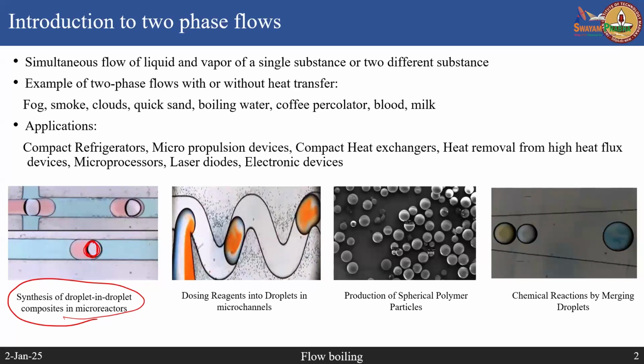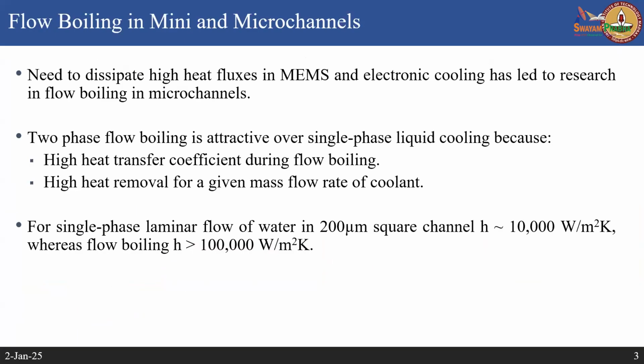And similarly, there are many other processes, for example in microfluidic devices, micro propulsion devices, compact heat exchangers, where you can come across movement of two-phase flows. So, it is not just a phase change happening on a stationary surface, but there is also movement of all these flows that are happening.